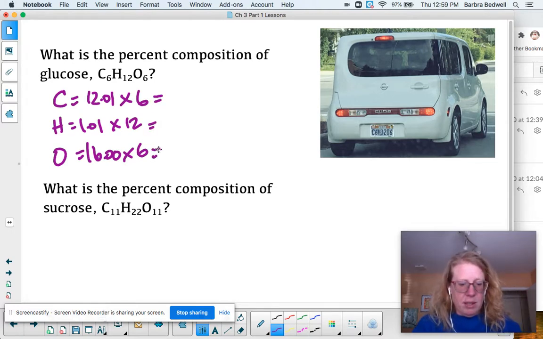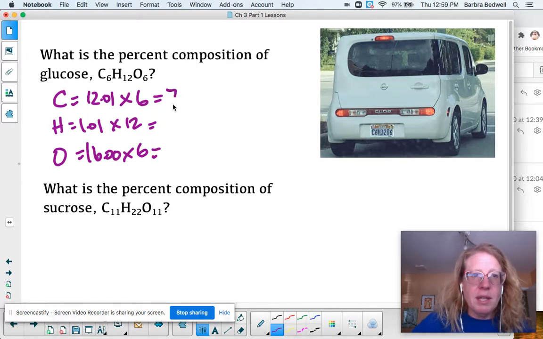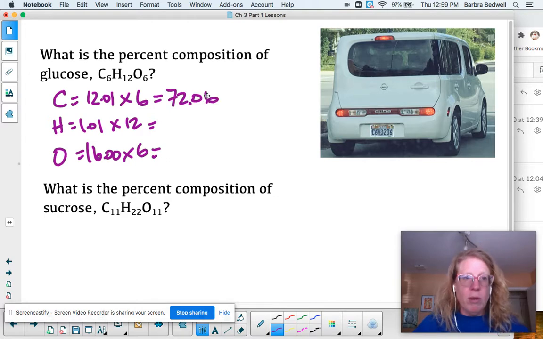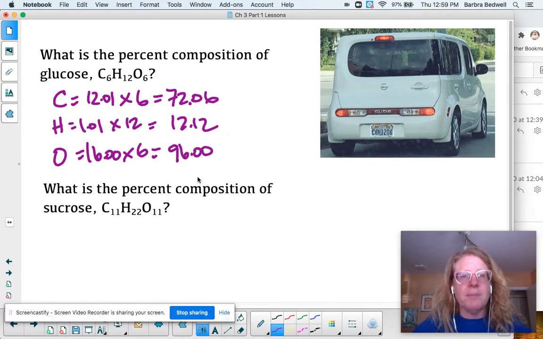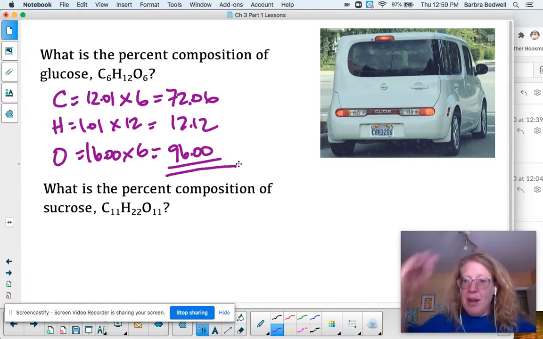So now I'm going to figure out what each of those is. Let's see, 12.01 times 6 is 72.06. 1.01 times 12 is 12.12. And then 16 times 6, my 6 button doesn't work on my calculator very well, 96.00. So my total mass, now I have to add all these together, right?